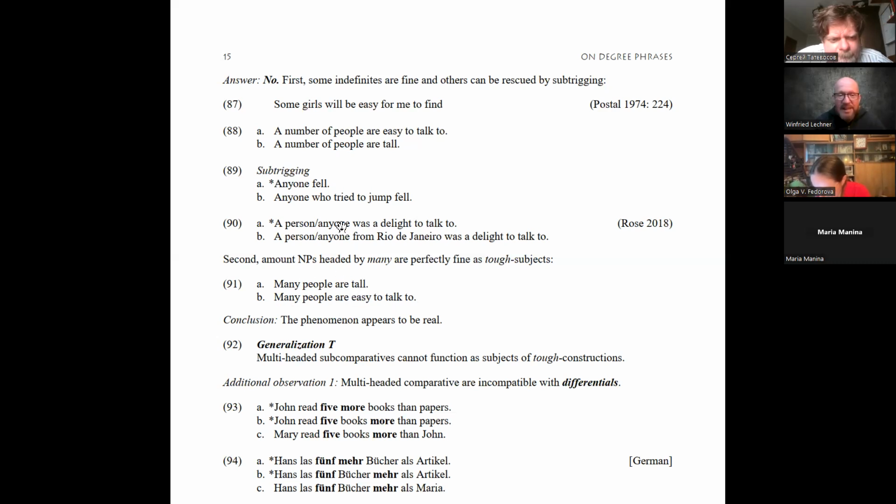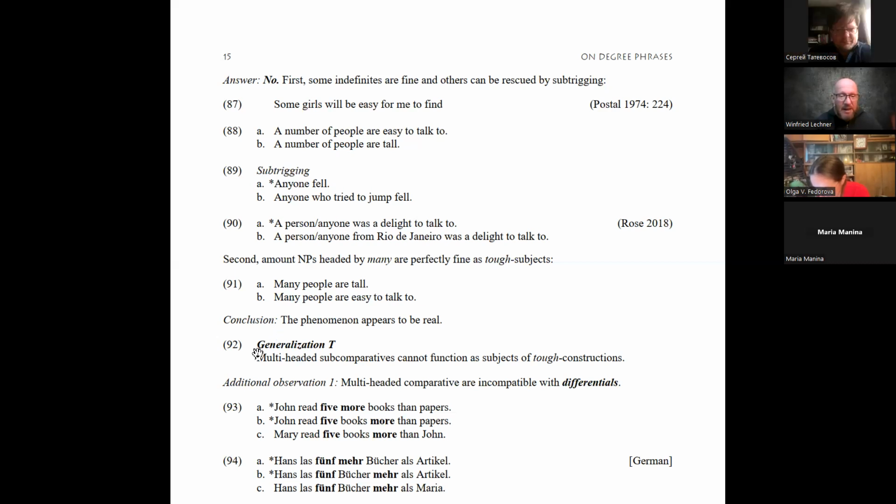So what we see is an independent restriction on the tough construction, which says that you're not supposed to have stage-level indefinites as subjects. That cannot be used to weed out the cases that we had in mind, like more problems than solutions are easy to find.